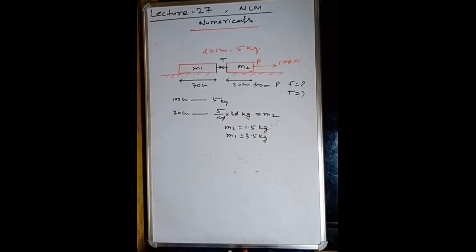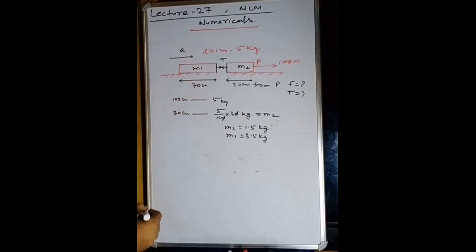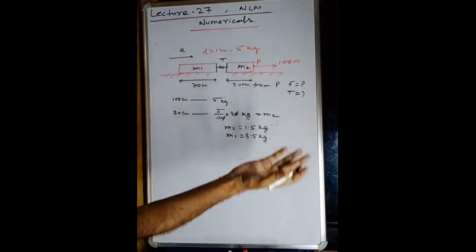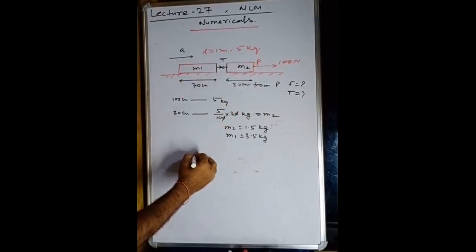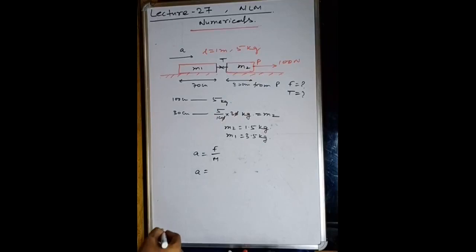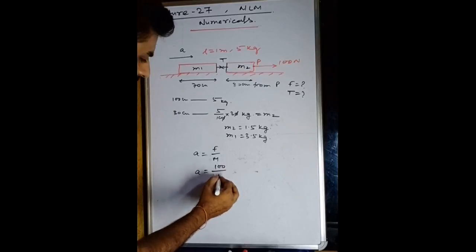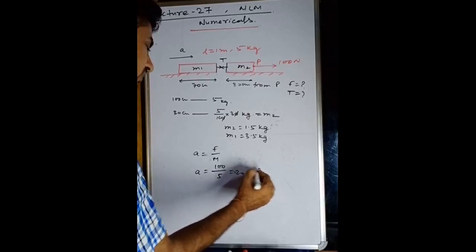Now apply the equation. The whole system is moving with an acceleration a. The acceleration of the entire system is a equals F by m, the force 100 Newton divided by the mass of the entire system, 5 kg. So it will be 20 meter per second square.